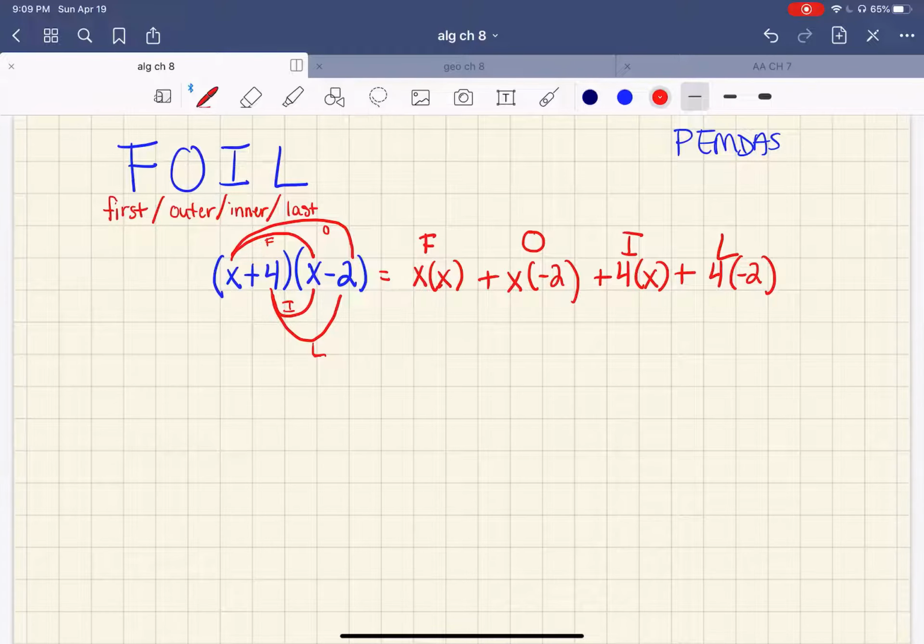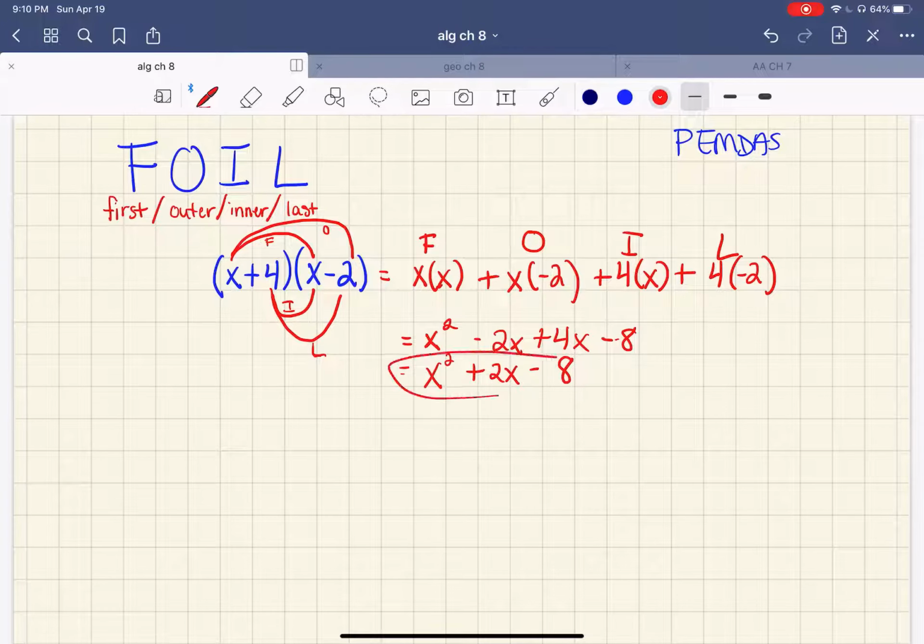You're multiplying the first terms, then the outer terms, then the inner terms, and then the last terms all together. And then we are going to do a step that's basically what we were just doing. So the simplifying, so that gets x squared minus 2x plus 4x minus 8. x squared plus 2x minus 8 is my simplified version.